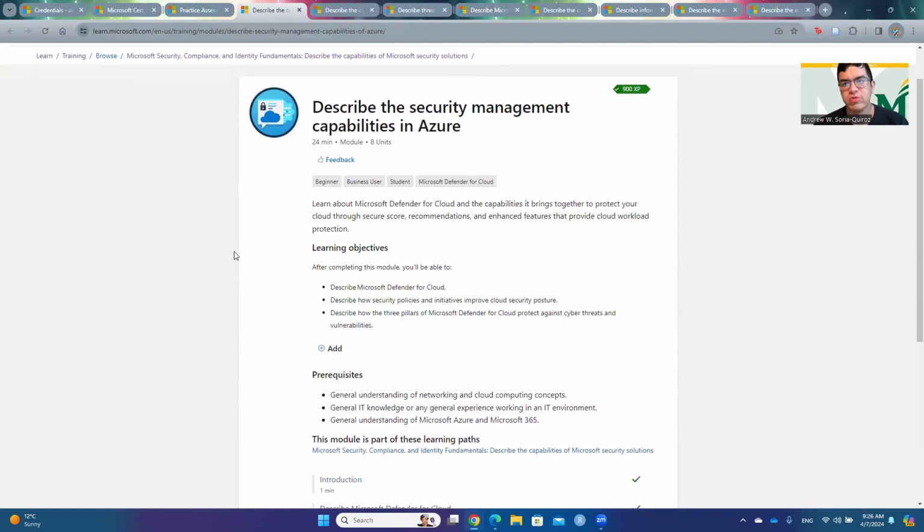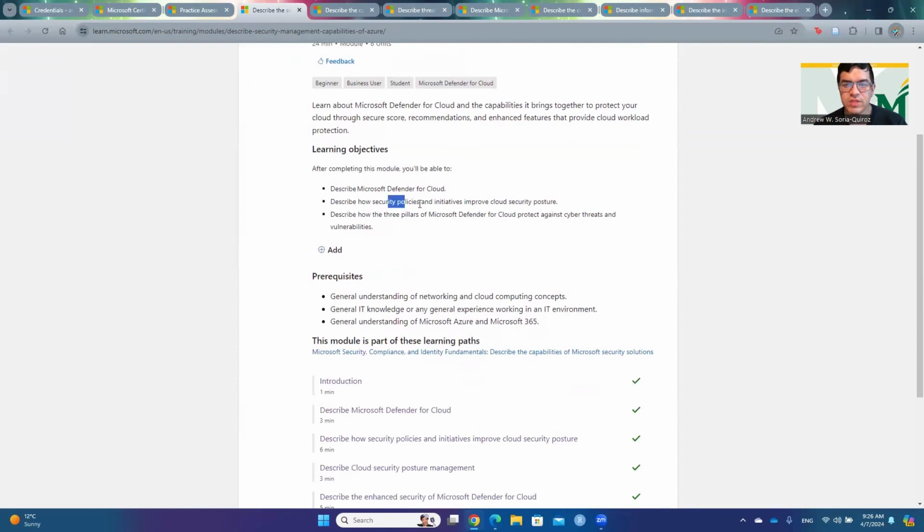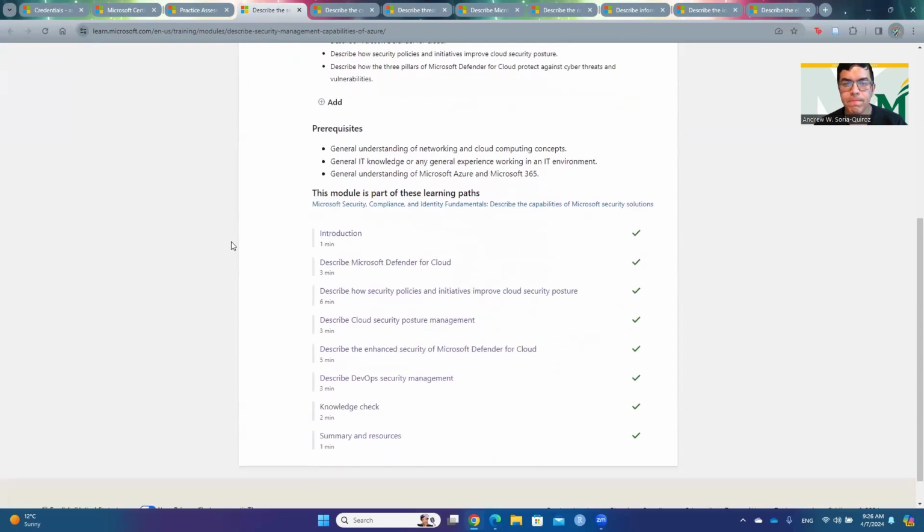You will then go into describe the security management capabilities in Azure, how Defender for Cloud works, what capabilities it brings, how you can understand the cloud secure score, recommendations, and all the enhanced features that you have. Security policies or something else, improving cloud security posture, and how you can protect against cyber threats and vulnerabilities.